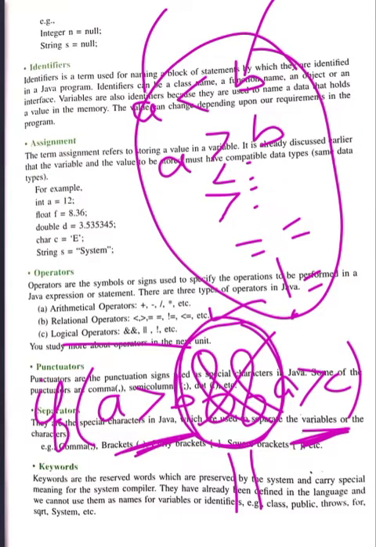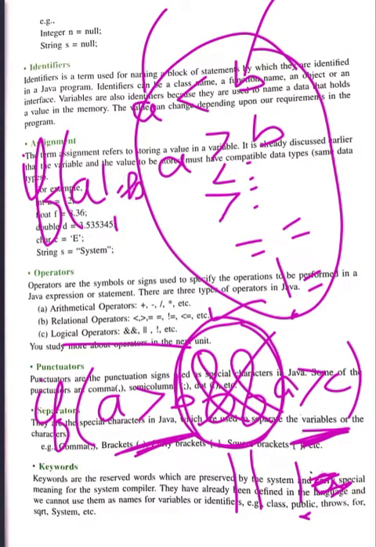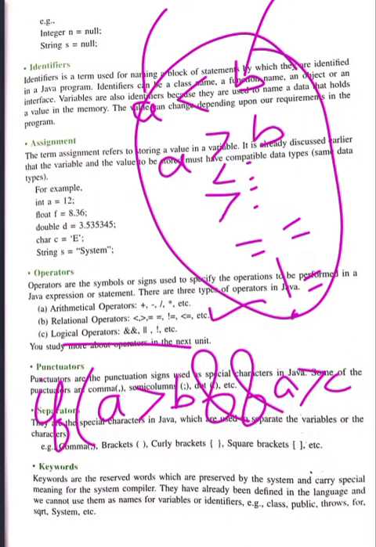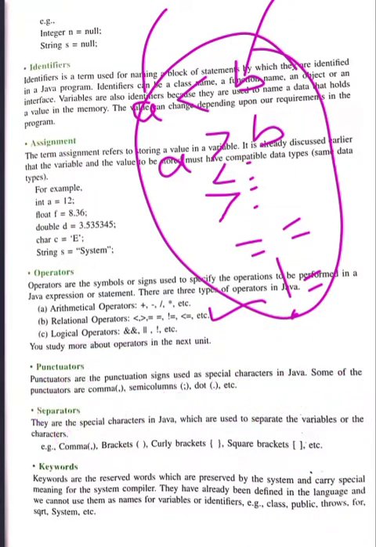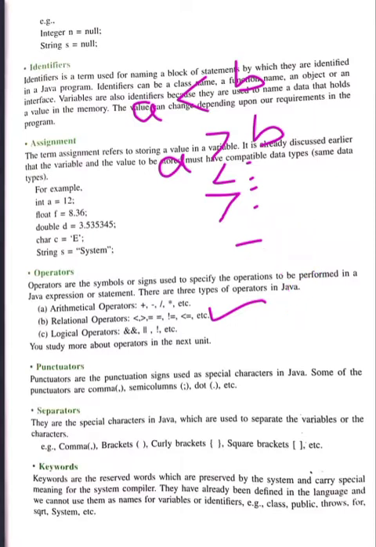And for not equal, we write like this: if A not equal to B. So these are the logical operators: and, or, not.